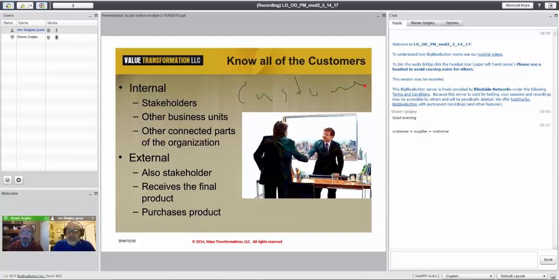So I think there should always be a looping or grouping of three. To make a process smooth. The customer should be talking to the supplier, which should be talking to the next customer. And the reason I put it customer, supplier, customer instead of supplier, customer, supplier is because you have to look at it backwards.